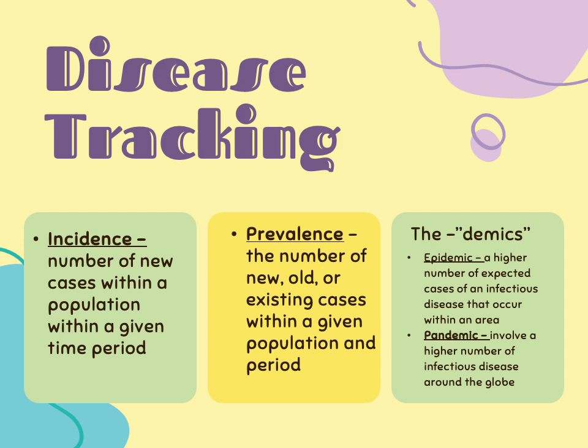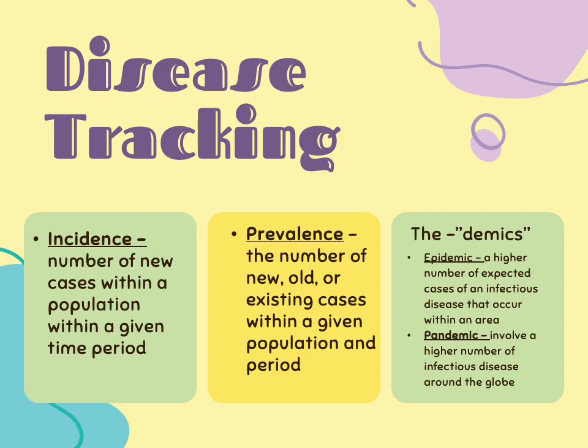When we talk about incidence, by the way, incidence helps us know how fast a disease process is spreading, and it also lets us know if it's within a given population or not. So that way we can better treat, we can better prepare. We'll know where to send supplies, even if it's in specific areas.